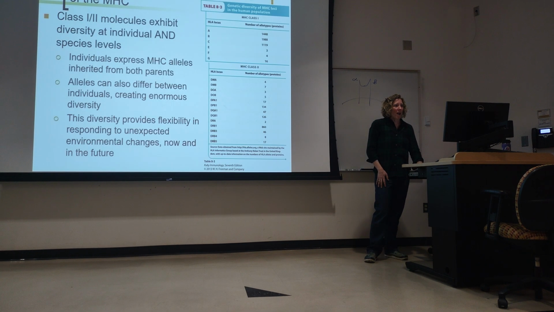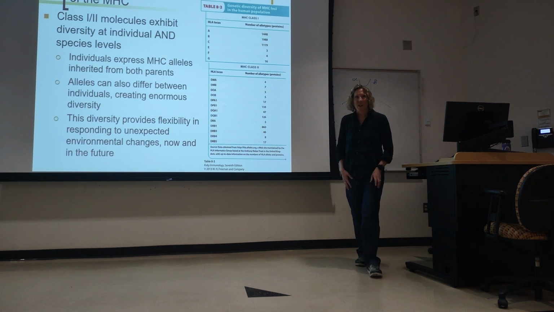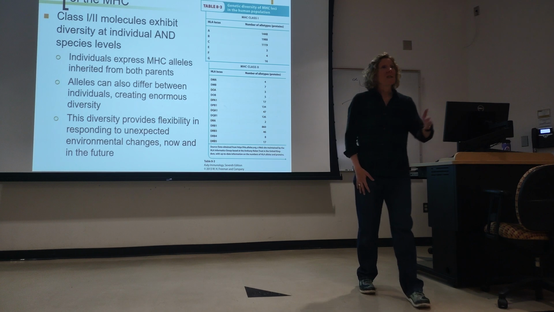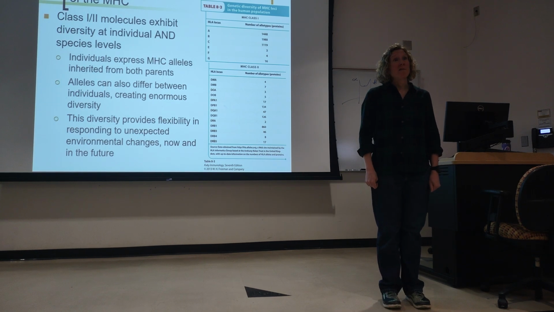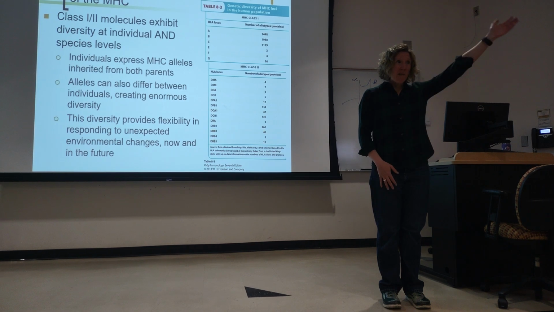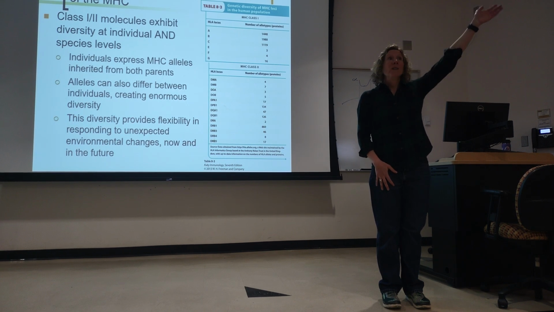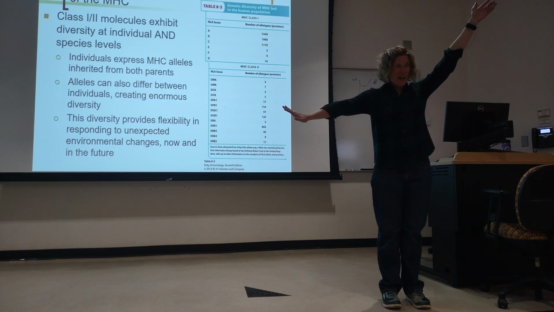The neat thing about our MHC alleles is that we express them codominantly. So this is not like allelic exclusion when we build a BCR or a TCR. If I build a heavy chain from mom, I only build heavy chains from mom, and dad's heavy chain alleles are shut off.